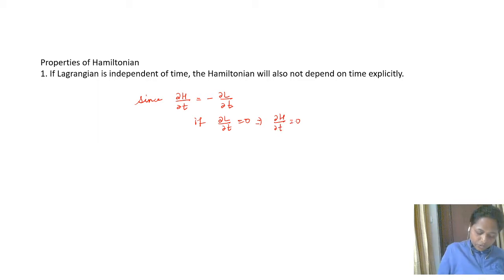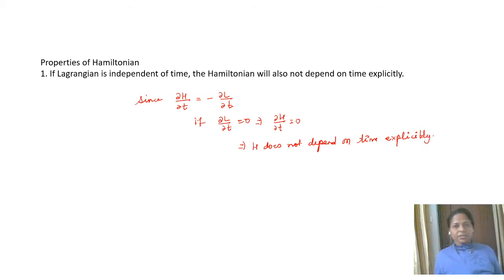Partial derivative is 0 implies H does not depend on time explicitly, right? So this is one property, that if Lagrangian is independent of time, so will happen for Hamiltonian.